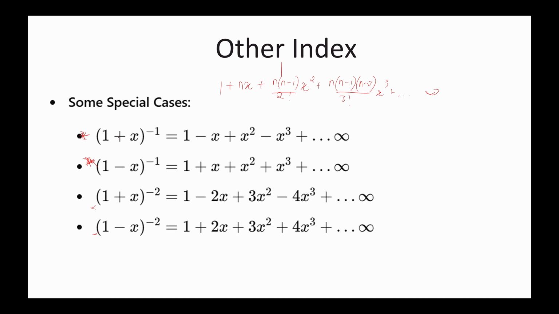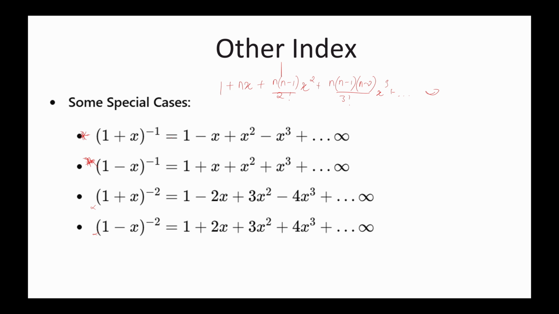So that is what exactly has been done here. n is our minus 1. So if I put it here, it would become minus x plus x square, and this goes on up till infinity. And instead of 1 plus x, if I have 1 minus x, then each and every term would become positive, because the places where I'm getting the negative sign here are all the odd terms of x.